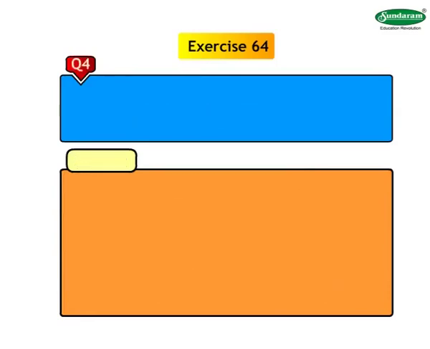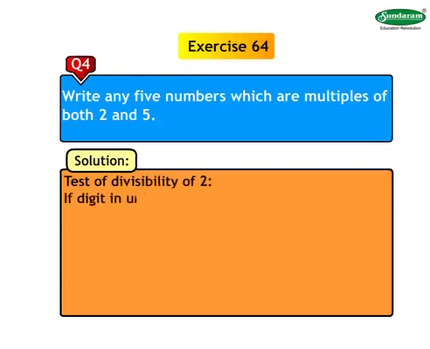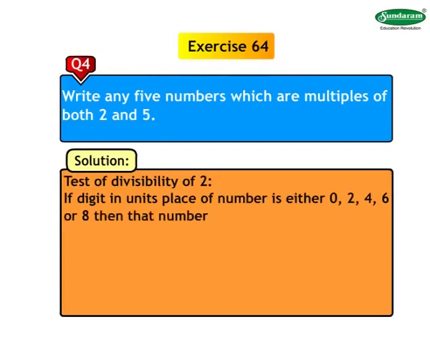Question 4. Write any 5 numbers which are multiples of both 2 and 5. Solution. Here we have to recollect the test of divisibility of 2 and 5. Test of divisibility of 2. If digit in units place of number is 0, 2, 4, 6 or 8, then that number is divisible by 2.